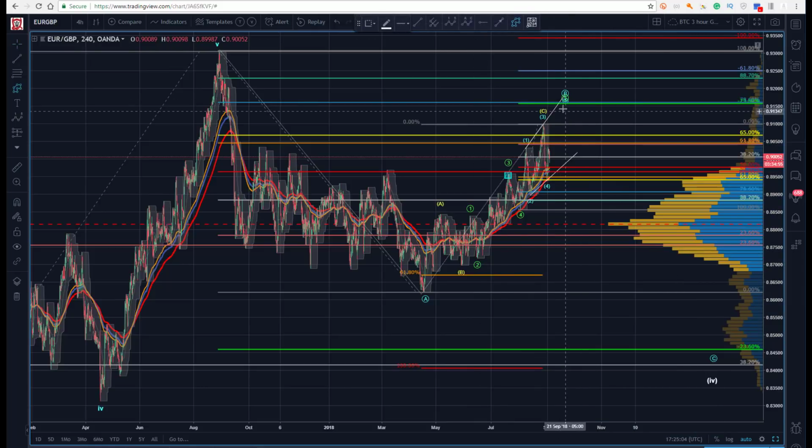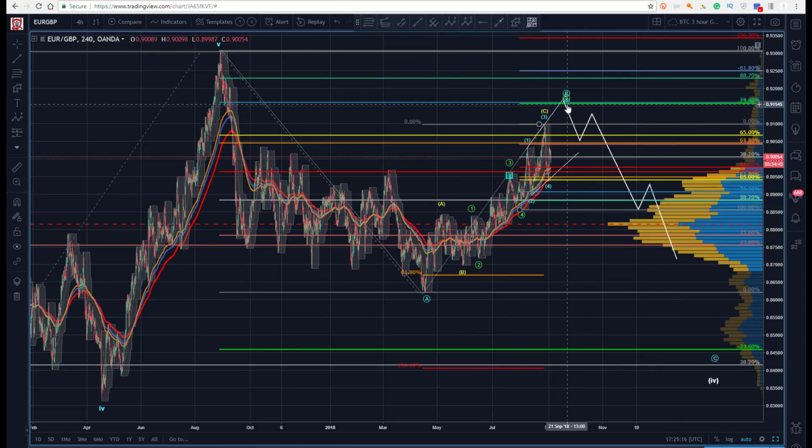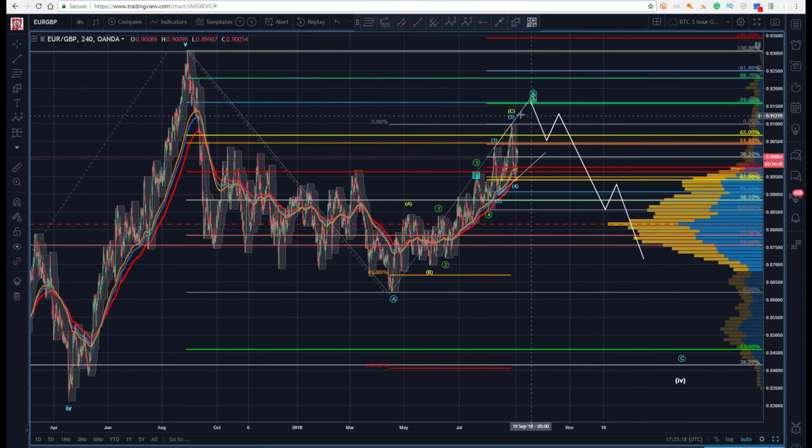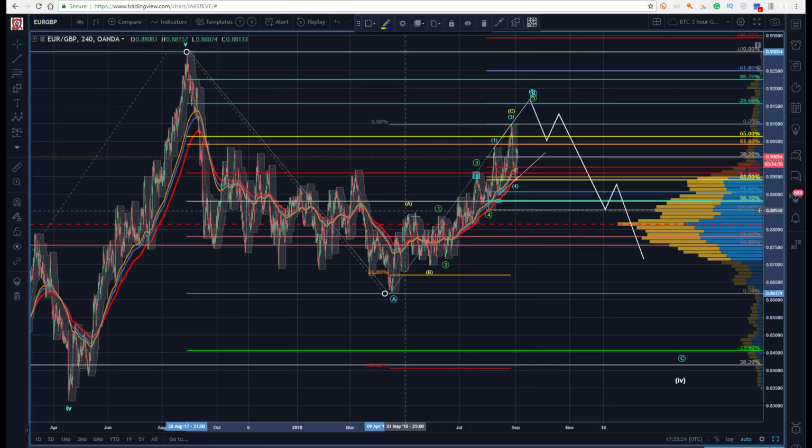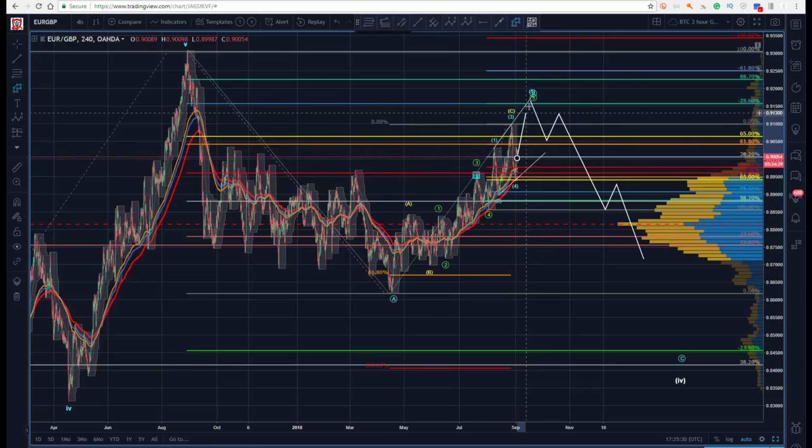So what I would look to do is look for that reaction here. It first moved down, and then I would take the second retrace, looking for the 3, 4, 5 of the A wave. So here's the trade that I would be looking for on the short if we're going to go up there and get there. So that gives us a good technical pivot, a location for a technical pivot for our B wave here, we get better subdivision to complete. Now, I don't know that we go there. We don't know that we've got this last little push.